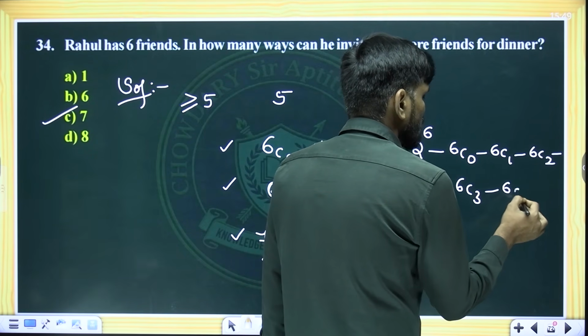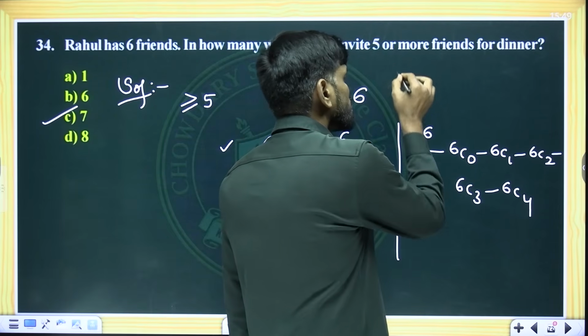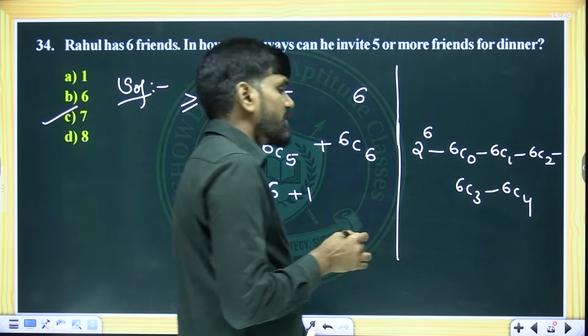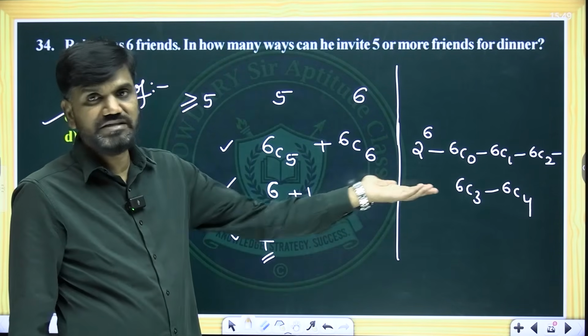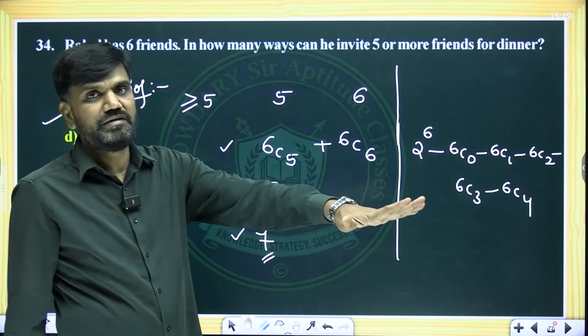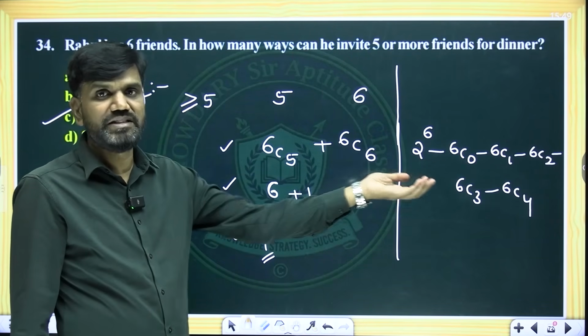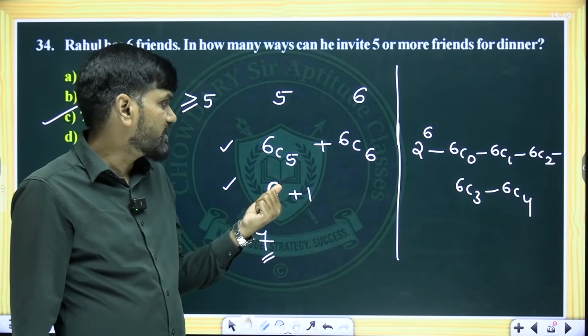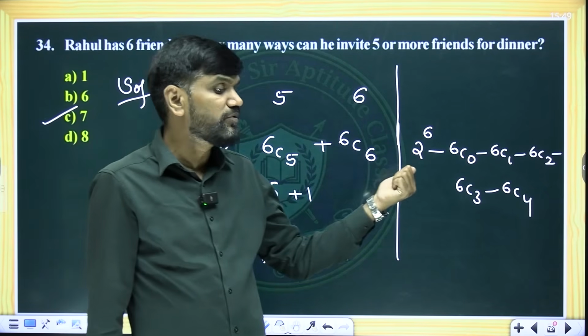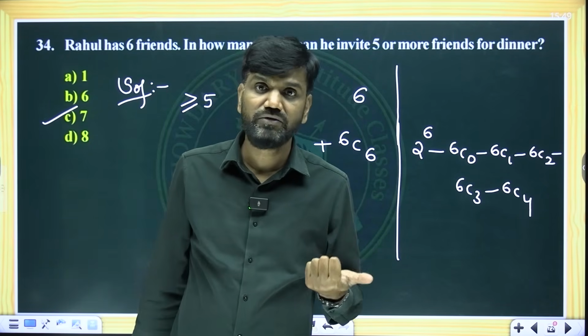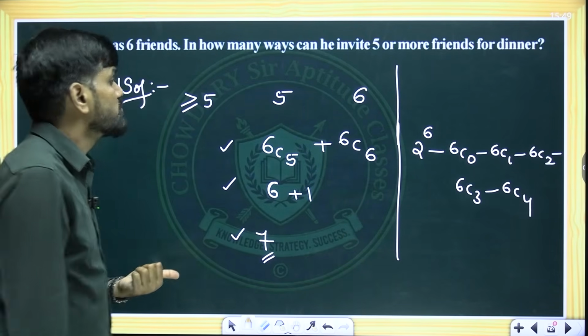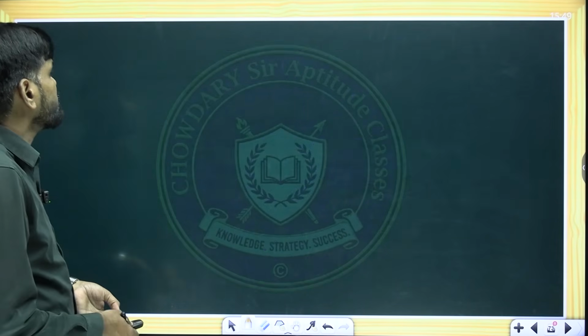Don't you think this is ridiculous over here? So strategically it is right. I mean, technically this is right. Strategically we don't recommend it because it is easy to calculate this than this one. So that's why I directly went ahead with this method instead of going for that other method. So have that logic in mind, right?